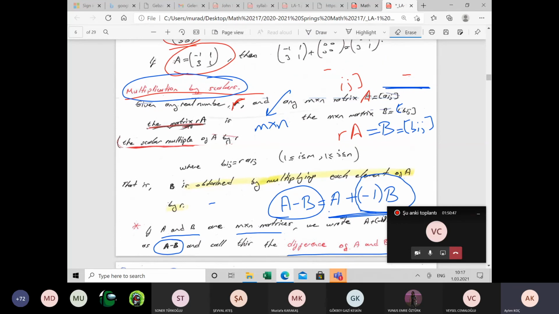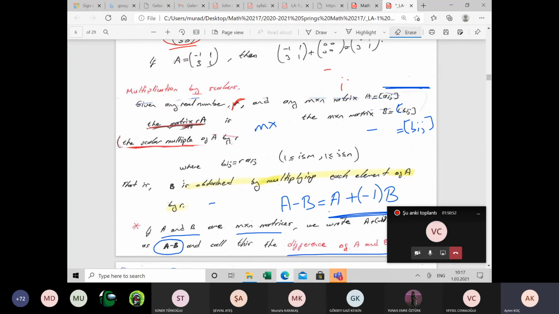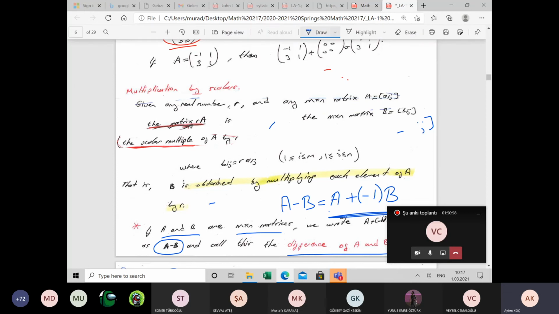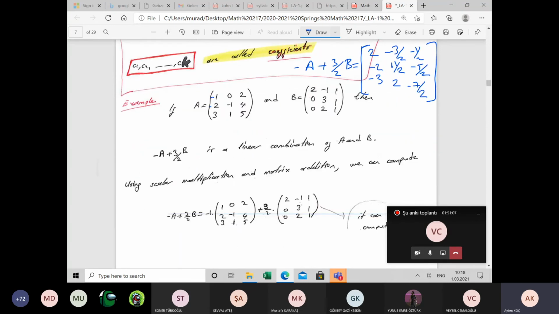Take any matrix and any scalar, and we obtain a new matrix. Take any matrix A and multiply by a scalar. But here, we take two matrices.